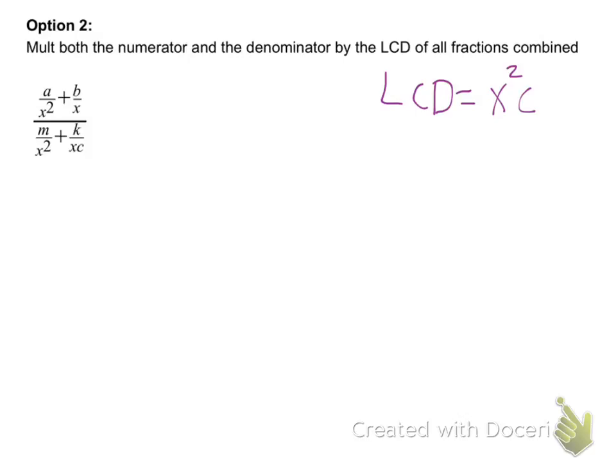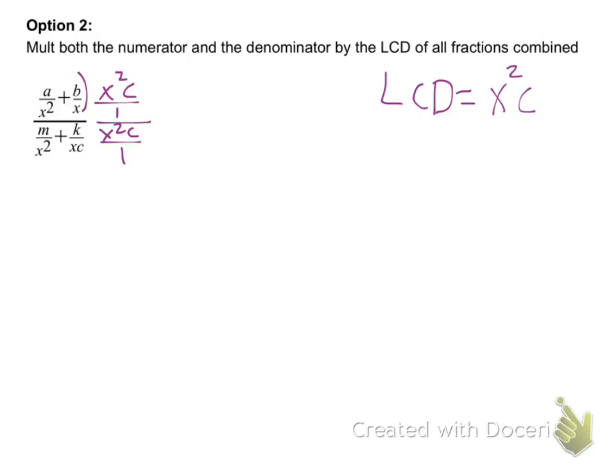This is how I want you guys to do your multiplication. It says multiply both the numerator and the denominator by the LCD. This is the larger fraction. So it's going to make more sense if you write it as x squared c over 1, over x squared c over 1.